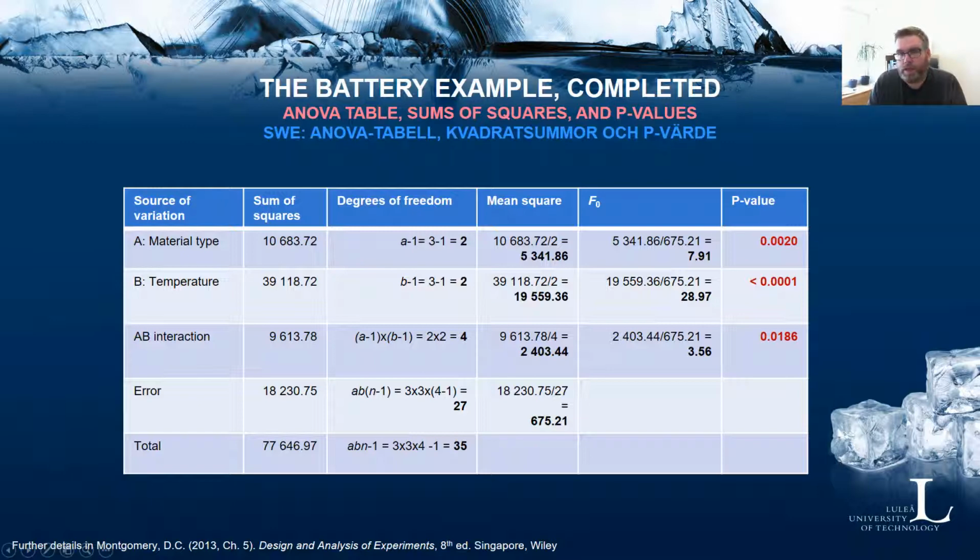Let's assume we work on 5%, then all of these p-values would have been smaller than that significance level, and we would have determined both main effects and the interaction to be significant. Even if we work on a 1% significance level, then AB would be a borderline effect. It's larger than 1%, but it's quite small anyway. So it is quite reasonable to assume that we have effects of both material type and temperature, as well as an interaction effect in this example.